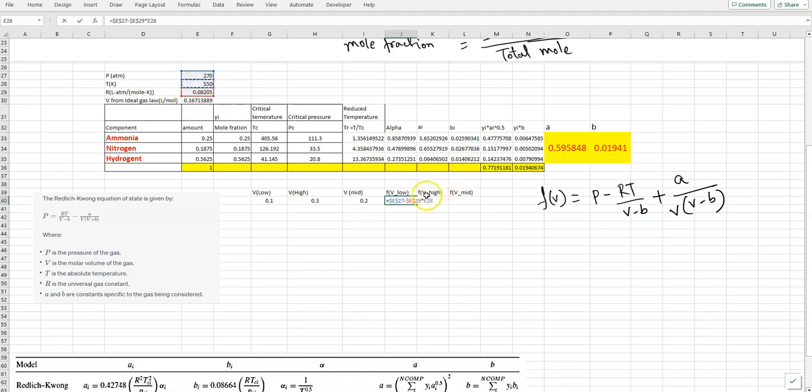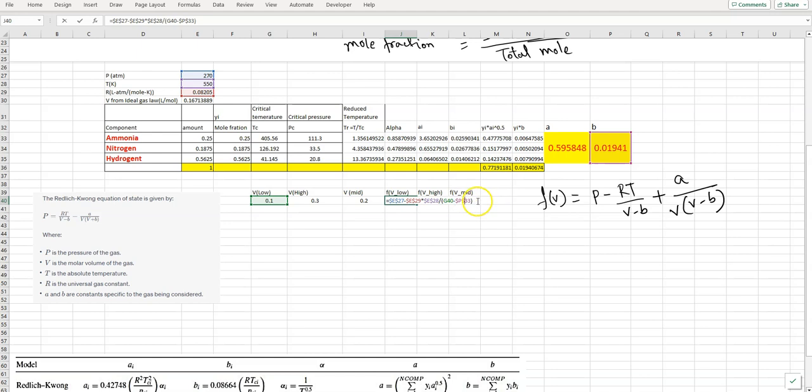T is also not changed, so RT divided by v minus b: v will change, b will not change, b is already given, so this is the constant value.